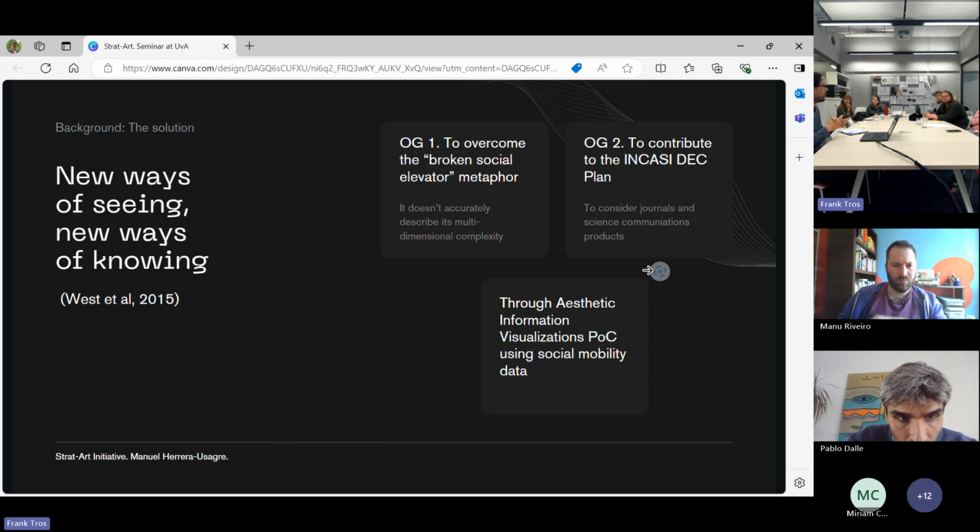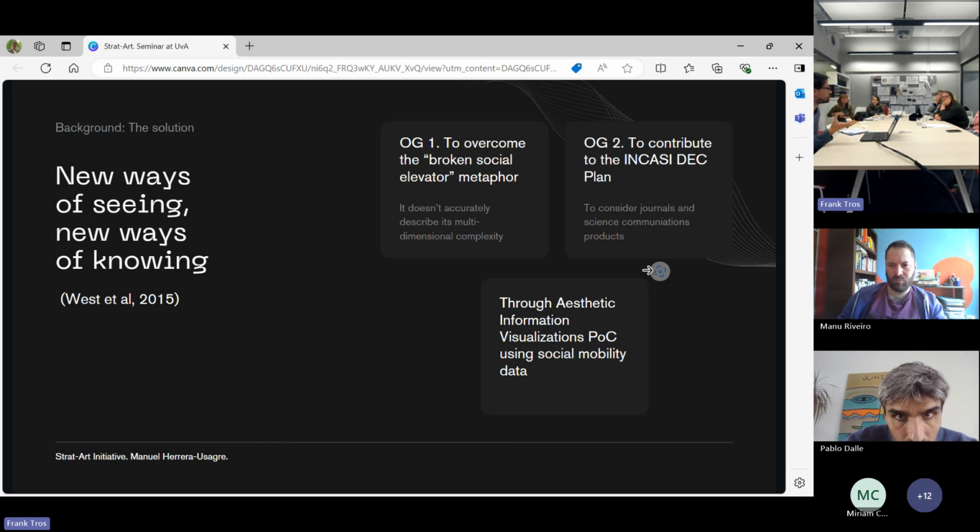So the first general objective is to overcome the broken social elevator metaphor that many of us have heard in the media, that the social elevator is broken, there's no more upward social mobility, and so on, because we think it doesn't accurately describe the whole multidimensional complexity of social mobility.